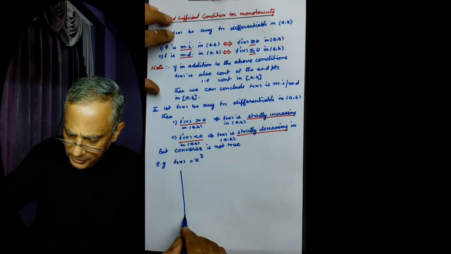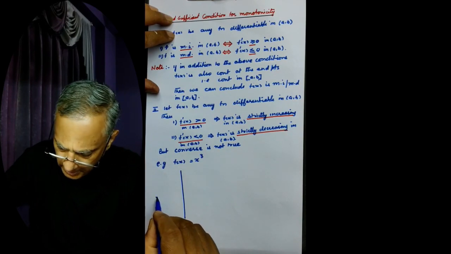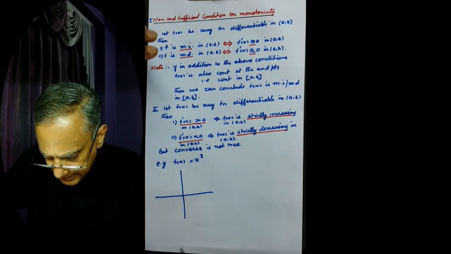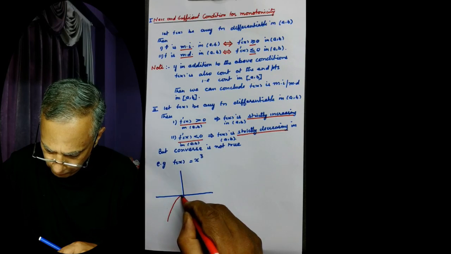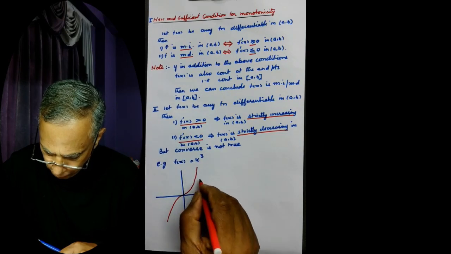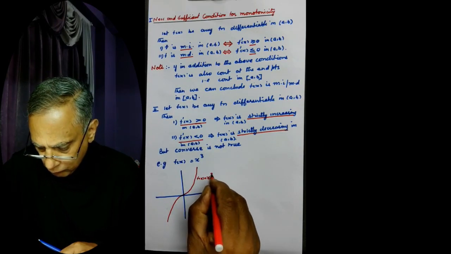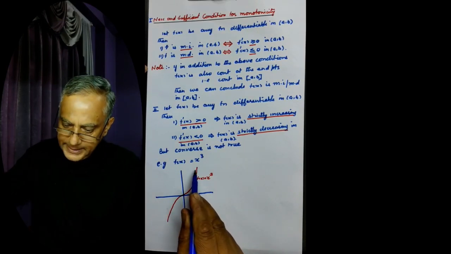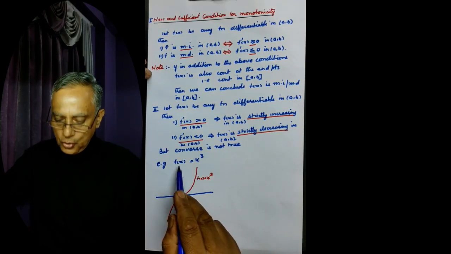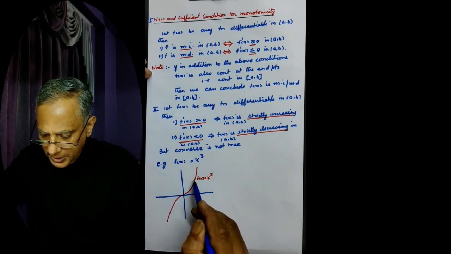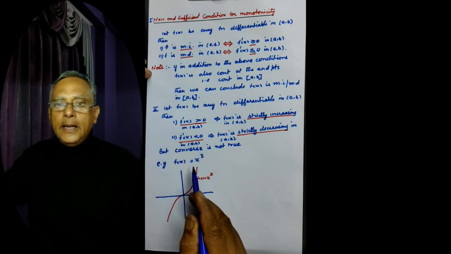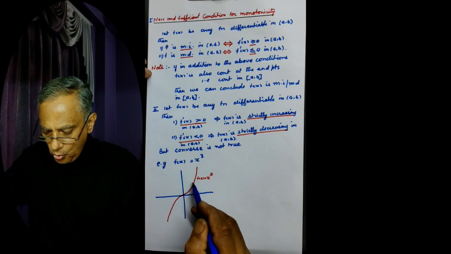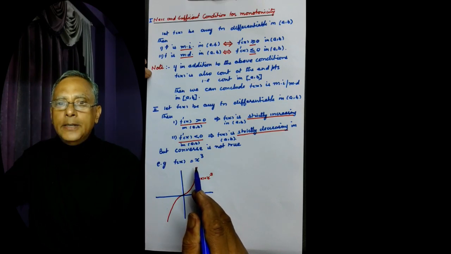Now a rough graph of this function is drawn, and from the graph we can see that it is a rising graph. So this function is strictly monotonically increasing. No two values are same.